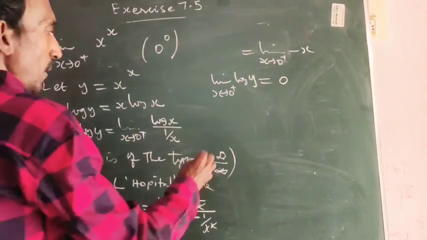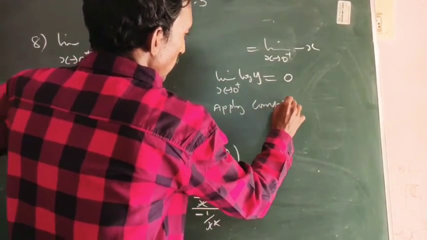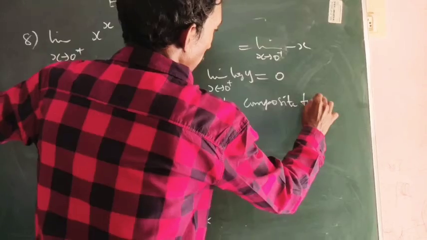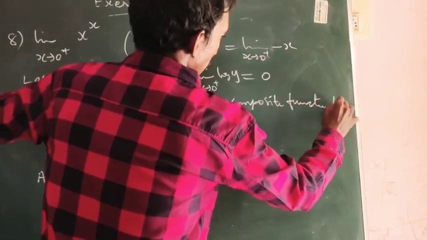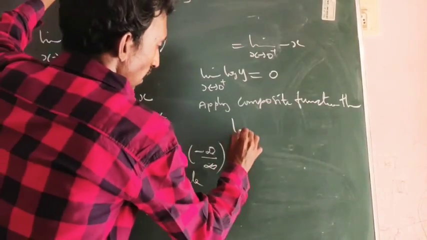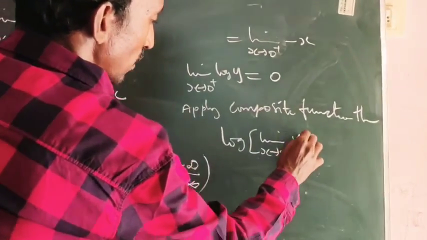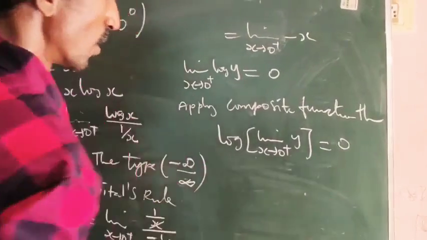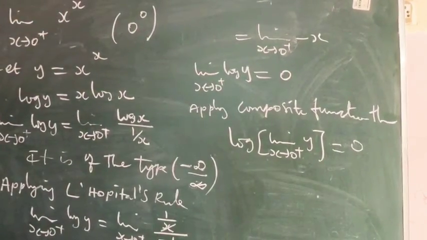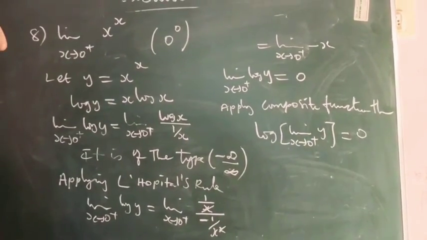So apply the composite function theorem. Limit log y can be written as log of limit x tends to 0 plus y, equal to 0. So limit f of g of x can be written as f of limit g of x, the composite function theorem.